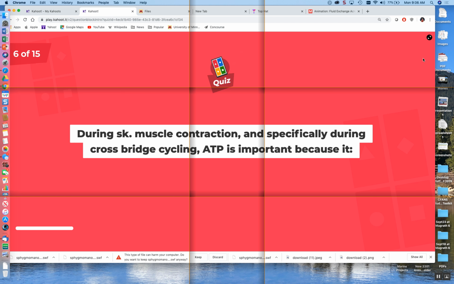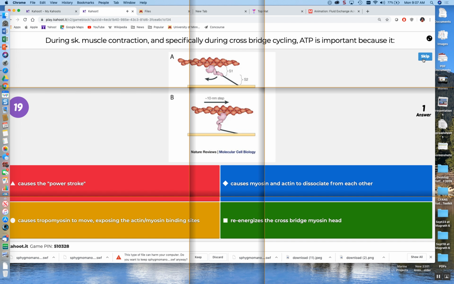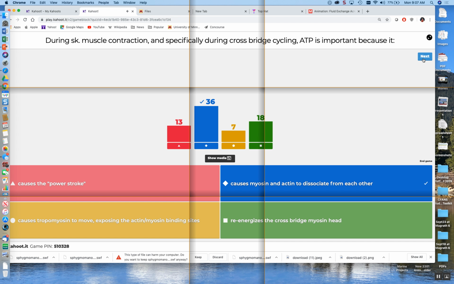Rachel's second now. During skeletal muscle contraction, and specifically during cross-bridge cycling, ATP is important because it causes the power stroke, causes myosin and actin to dissociate from each other, causes tropomyosin to move, exposing the actin-myosin binding sites, or re-energizes the cross-bridge myosin head.